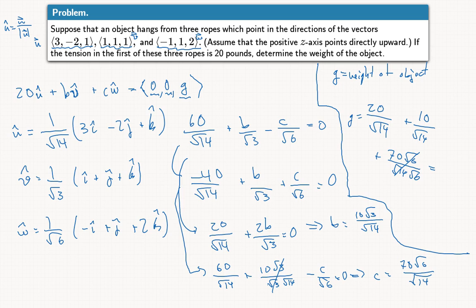This cancels. So the weight we get is plus 2 times 70 root 6 over root 14 over root 6. So this will be 140. And so we end up with 170 over root 14 pounds is the weight of the object.